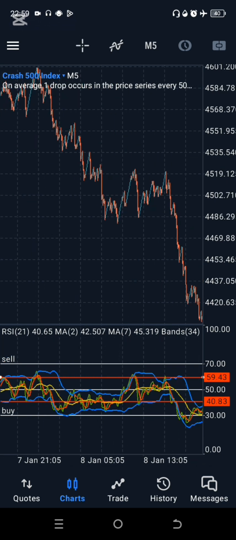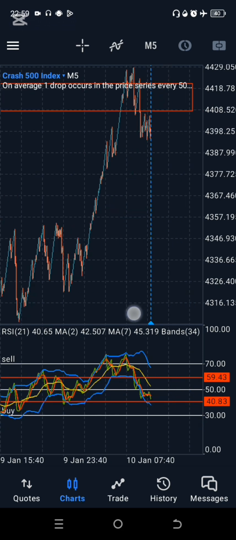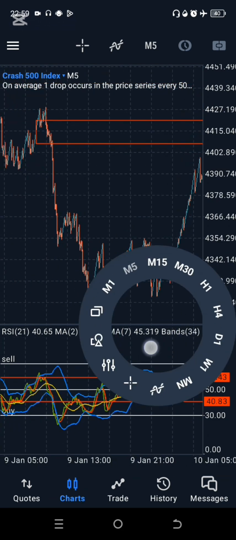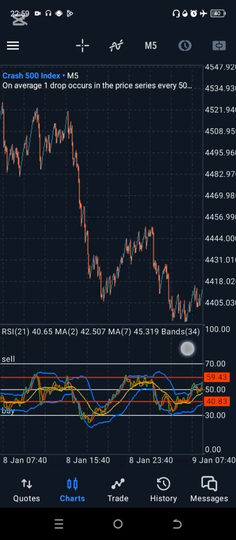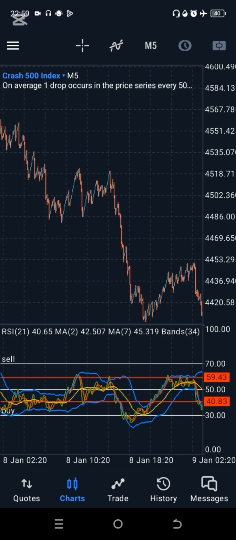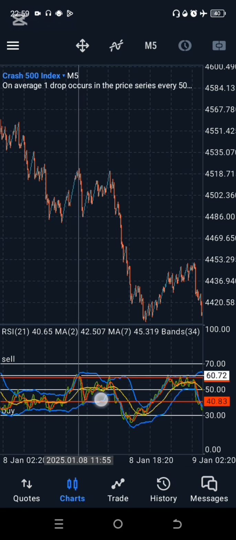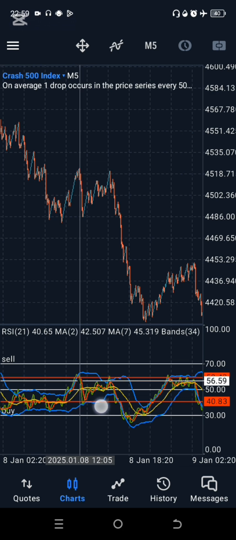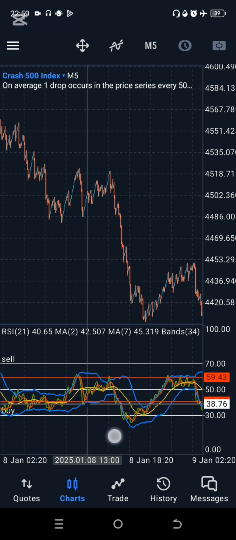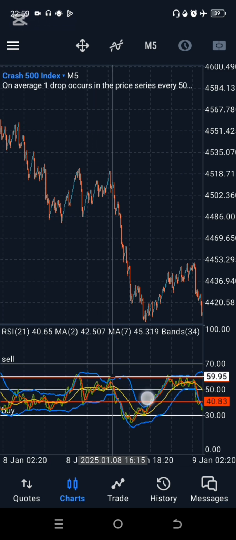But whenever we're in a downtrend, just know that the market usually respects the level 60. The RSI, the green line, might go up, but whenever it reaches the level 60, it usually goes back down. It goes up a little bit, but comes back down.